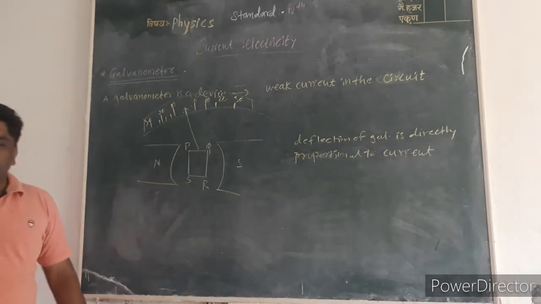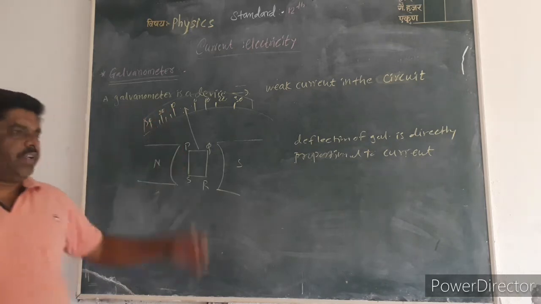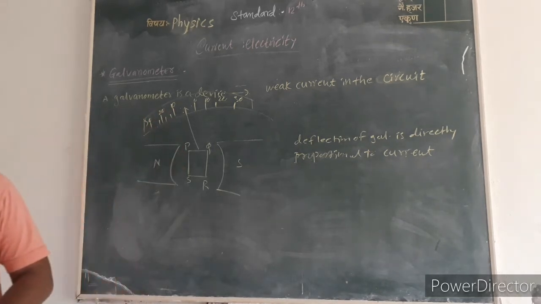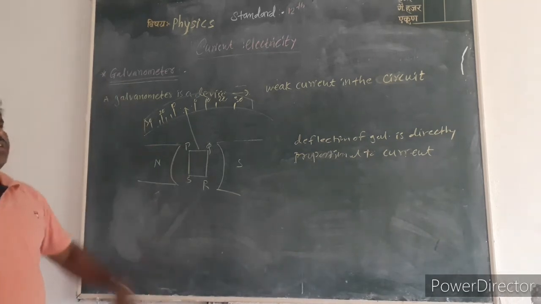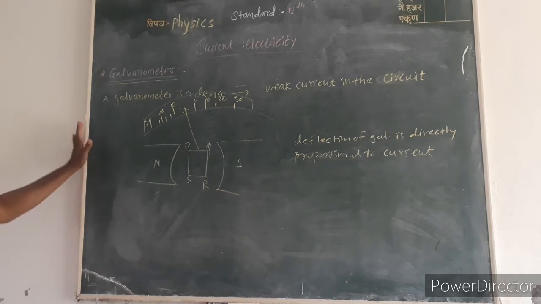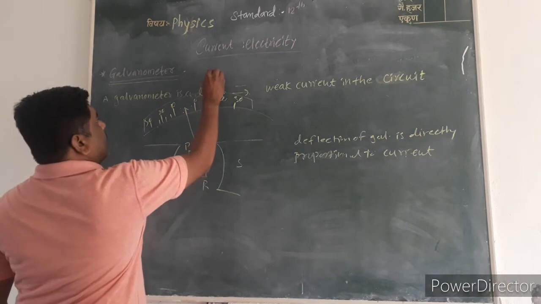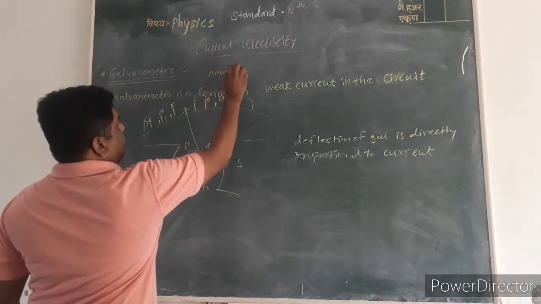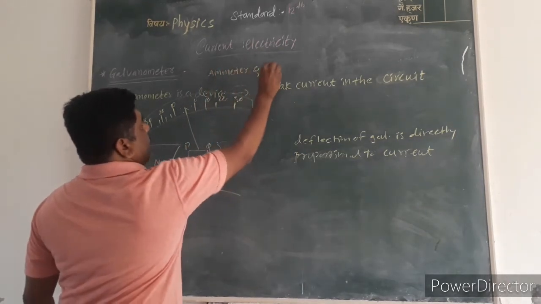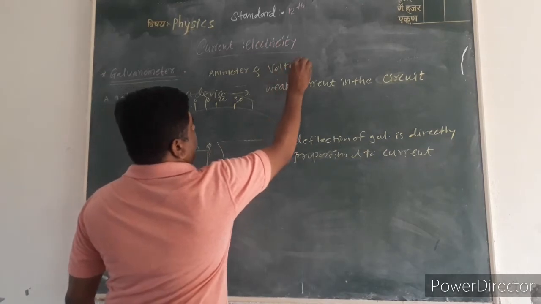If current in the coil increases, the deflection of galvanometer also increases. This is about the galvanometer. Such a galvanometer is used to construct other devices such as ammeter and voltmeter.